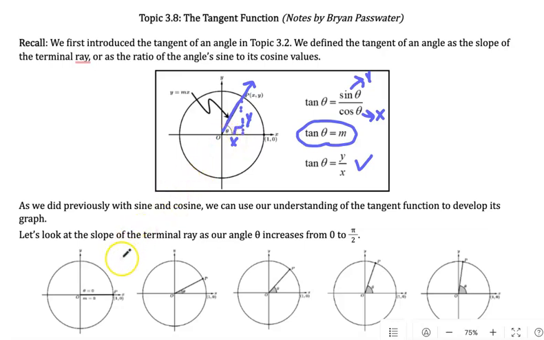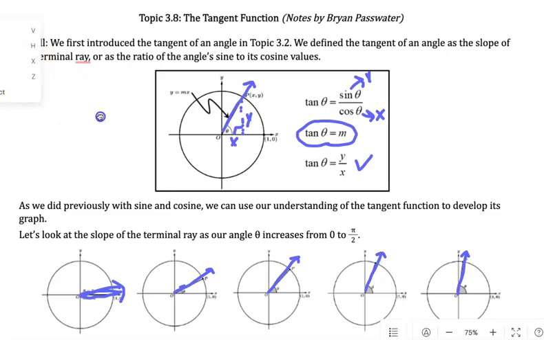Just like we did with sine and cosine, we can understand the development of the tangent function by looking at terminal rays on the unit circle. We start with a terminal ray on the x-axis at the point (1, 0), and then we move up a little bit more, and even more, and we get awfully close to the y-axis.